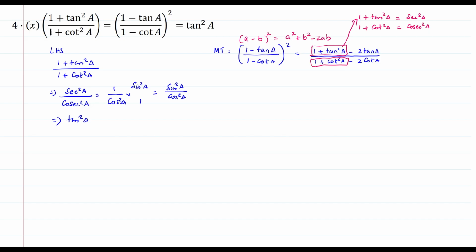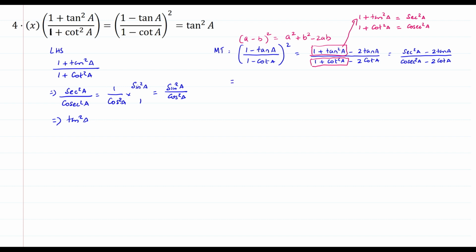Therefore, the next step will be secant square A minus 2 tan A divided by cosecant square A minus 2 cot A. Now we write the entire terms in the ratio of sin by cos.